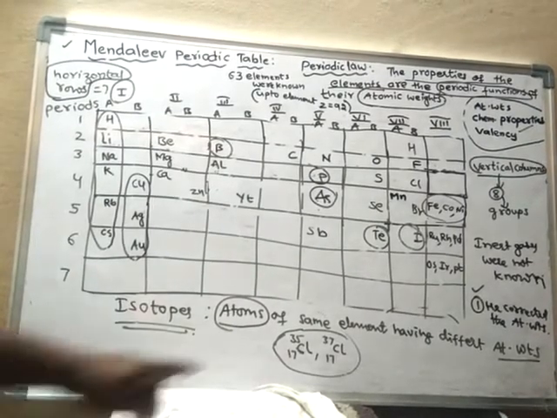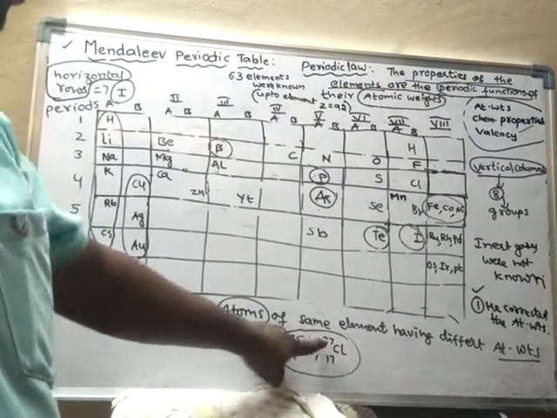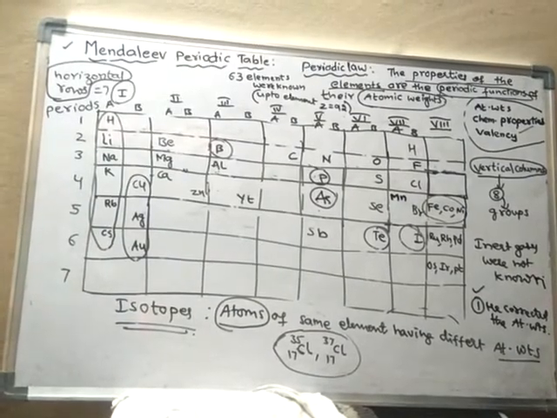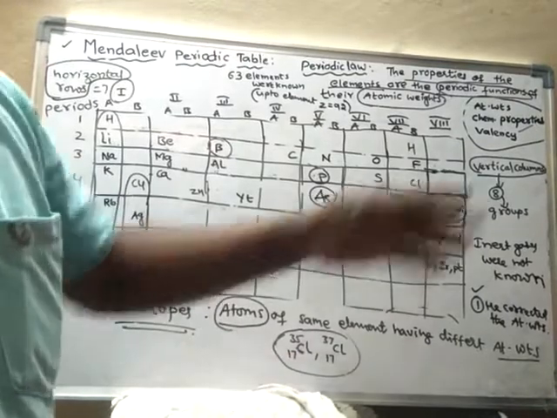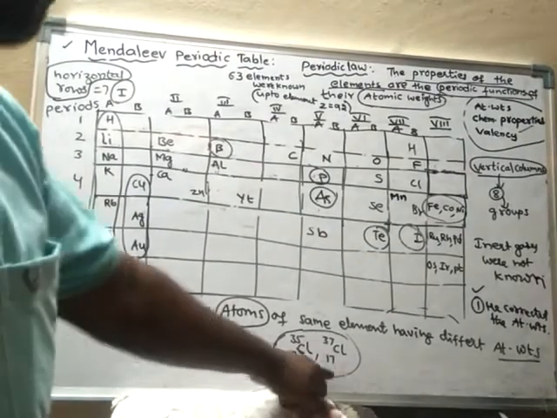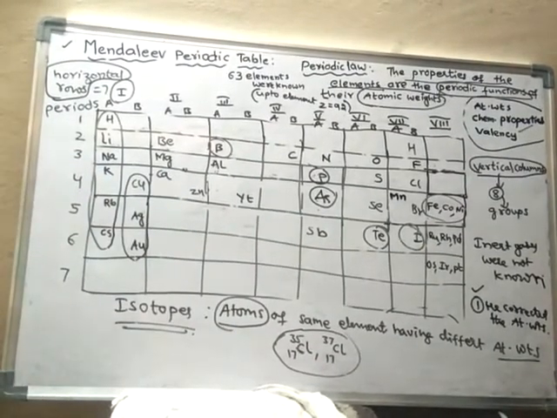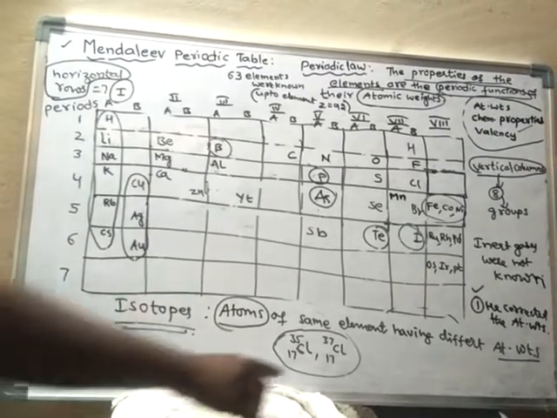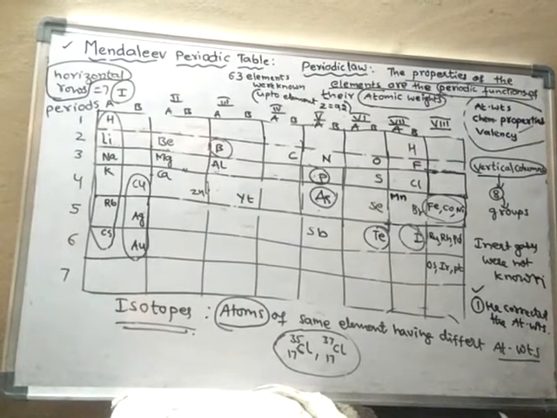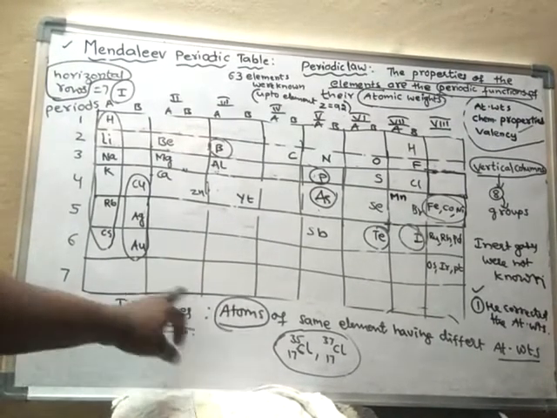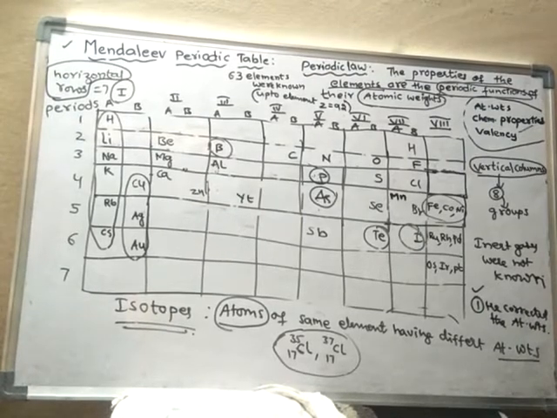Because isotopes possess different atomic masses, all isotopes of the same element should be placed at different places, but he didn't follow that. So that is also one of the defects, because he didn't say anything about the isotopes.